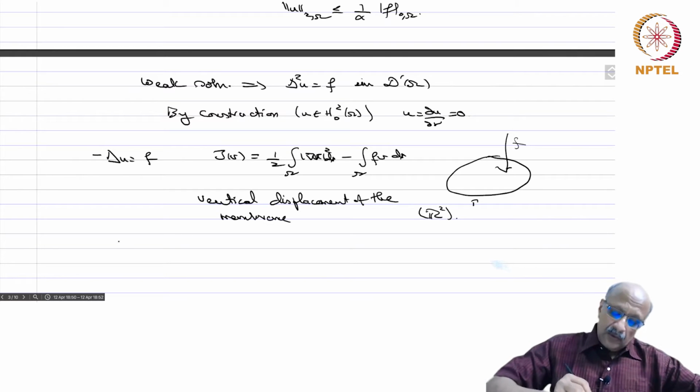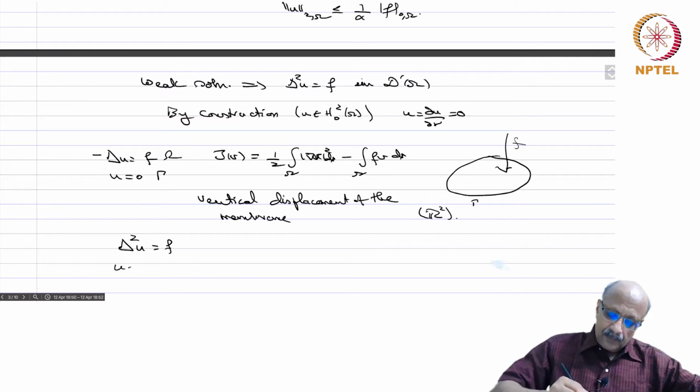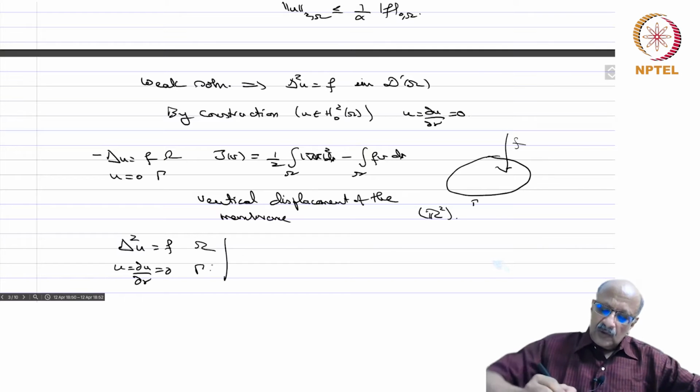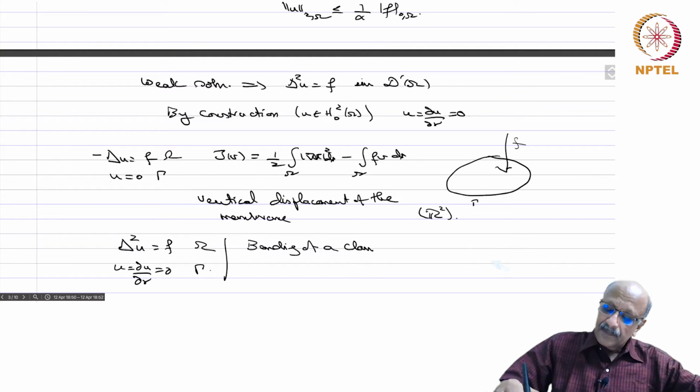Okay. Now similarly, if you have Laplacian squared u equals f, u equals 0 on the boundary of omega, this is nothing but the bending of a clamped plate.